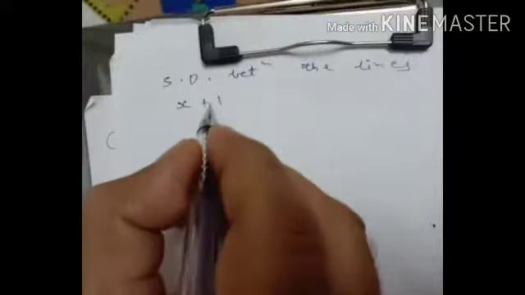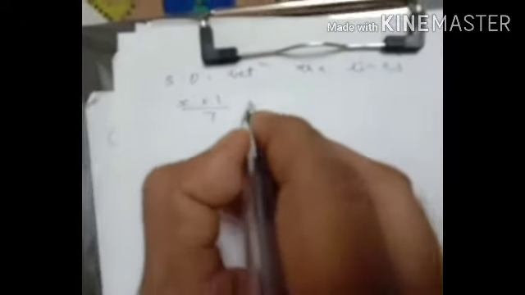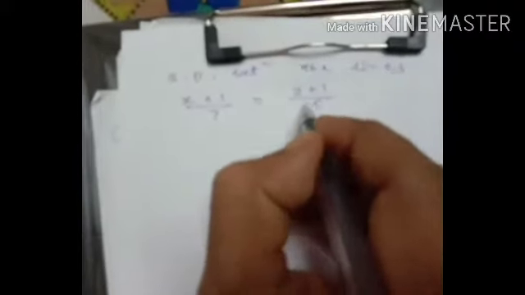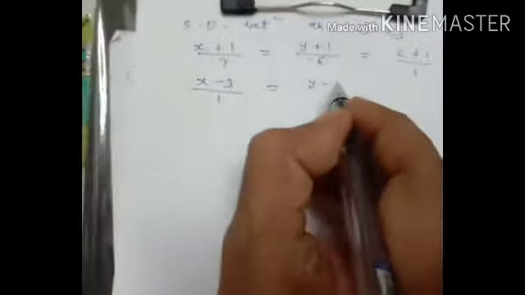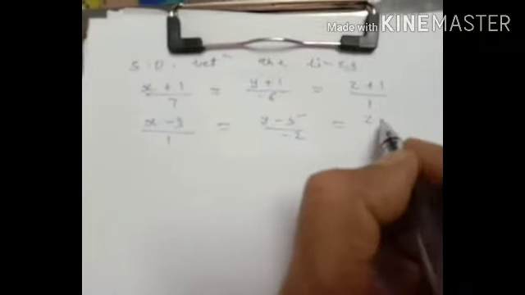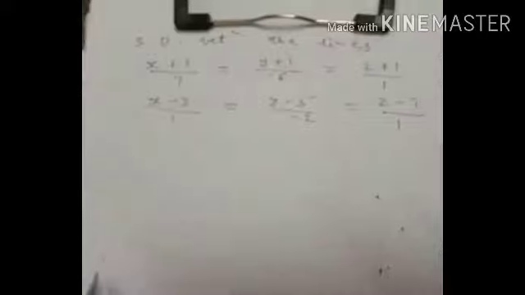Next example, we have to find the shortest distance between the lines, where the equations of the lines are in Cartesian form. (x + 1)/7 = (y + 1)/(-6) = (z + 1)/1. The equation of the other line: (x - 3)/1 = (y - 5)/(-2) = (z - 7)/1.